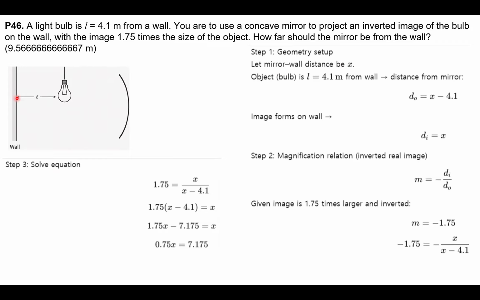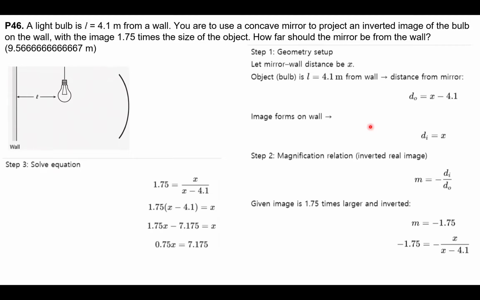So the distance from the mirror to the bulb is x minus L, which is x minus 4.1.